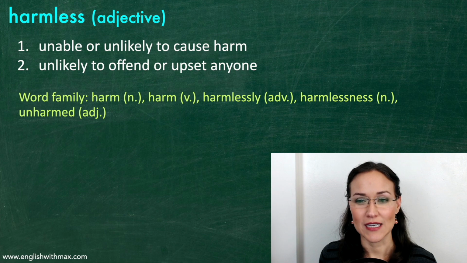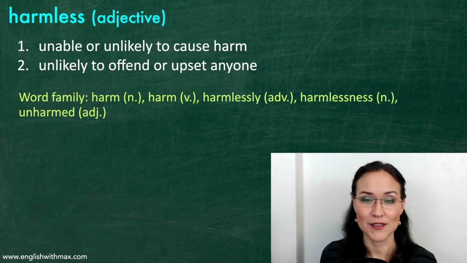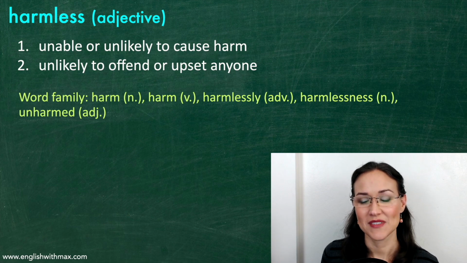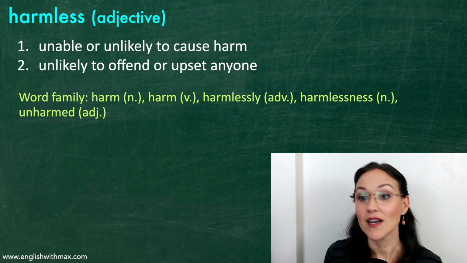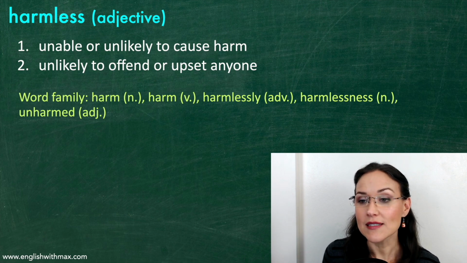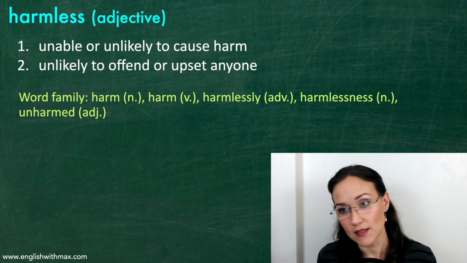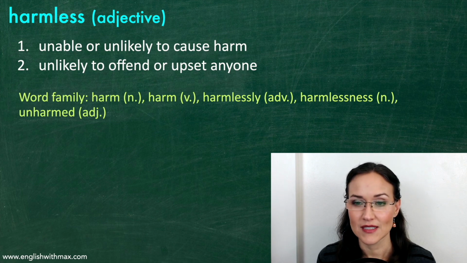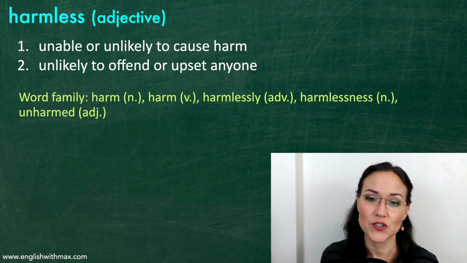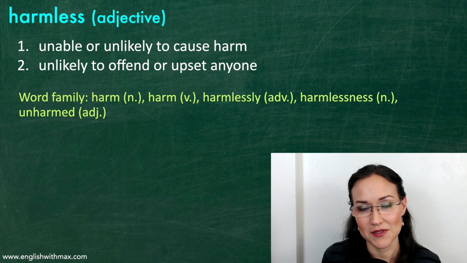First we have the noun harm and the verb to harm. I'm sure you know those ones. Then we have the adverb harmlessly, the noun harmlessness, which is the quality of being harmless, and then the adjective unharmed, which means not harmed.